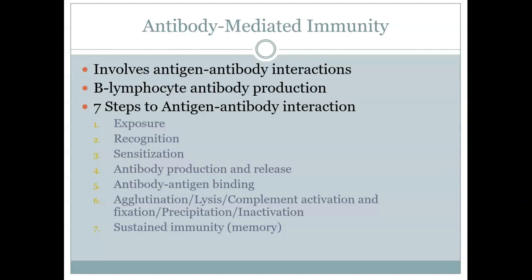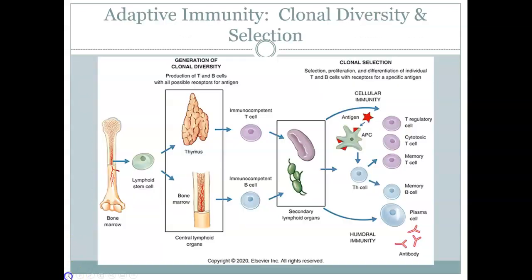It's when antibodies are produced by B lymphocytes. So the B cells that are produced in the bone marrow help trigger antibody-mediated immunity.